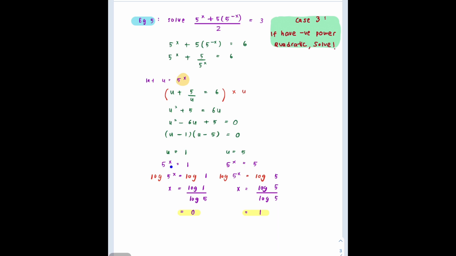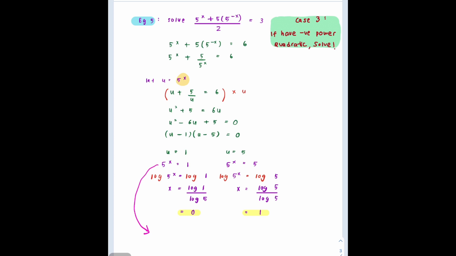So 5 power of x is equal to 1. And then your x is what? How to find x? You can add log both sides, where you have log 5 power of x equal to log 1. So x is log 1 over by log 5, which is 0. Or you can directly change into the log form, from 5 power of x equal to 1.